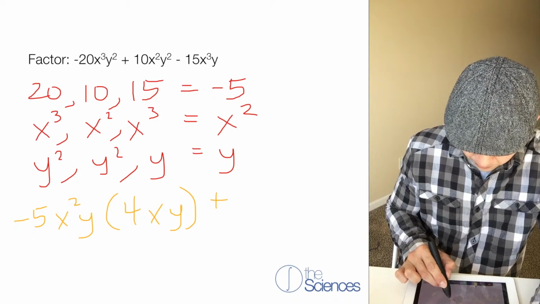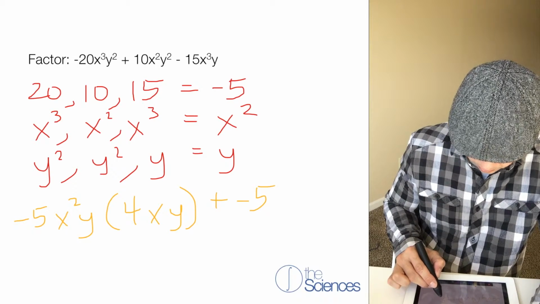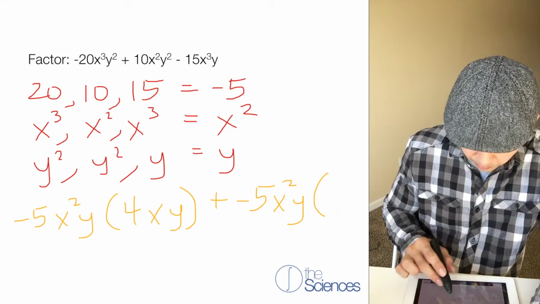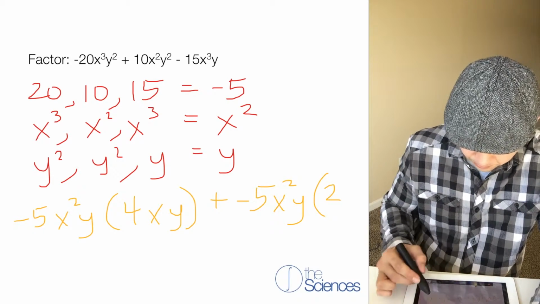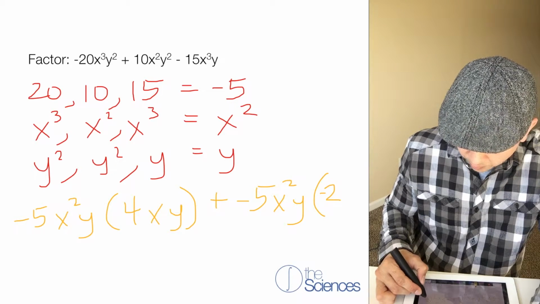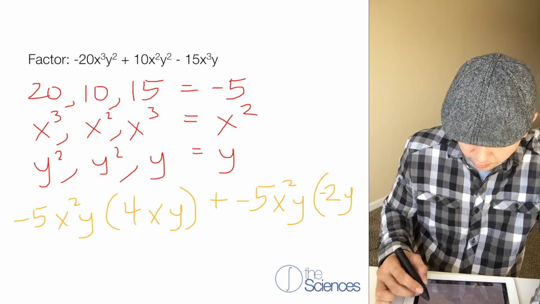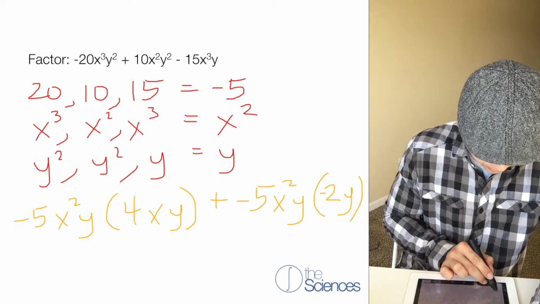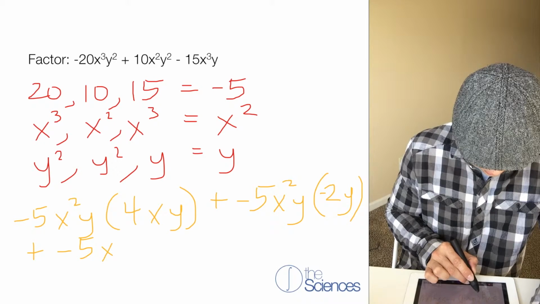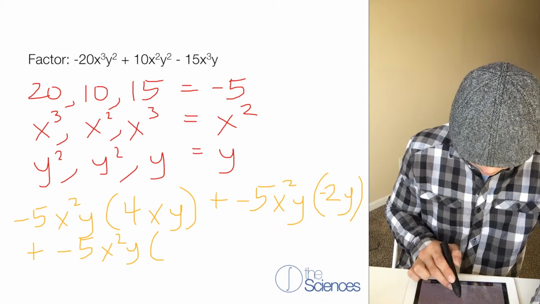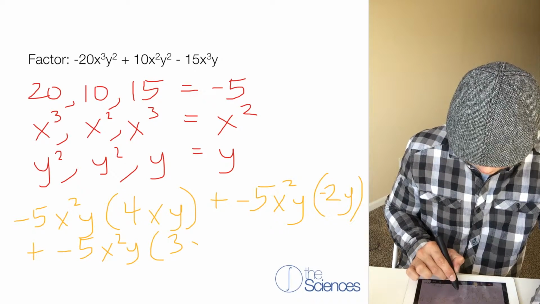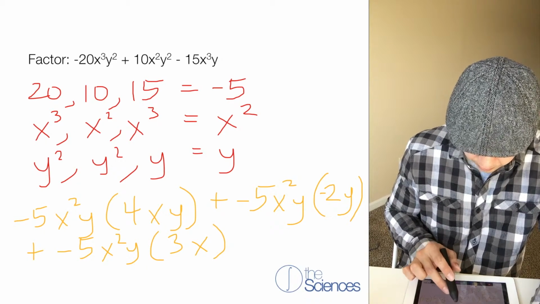Now we're going to add our greatest common factor again, and then multiply that by negative 2 to get 10, and then we're going to multiply that by y to get y squared. Now we're going to add our greatest common factor, and then multiply that by 3 to get 15, and x to get x cubed.